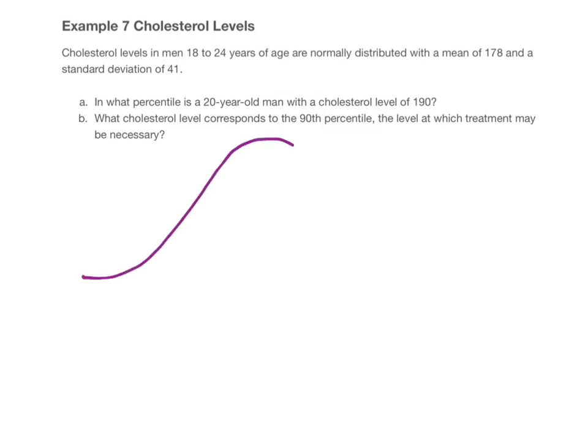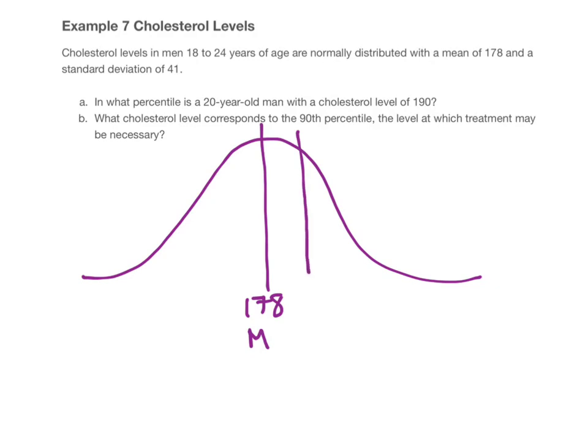You don't have to do this, but I like to see the picture. The mean is 178, and we have a standard deviation of 41. So one standard deviation above the mean would be 219, and one below would be 137. I'll stop there for now.